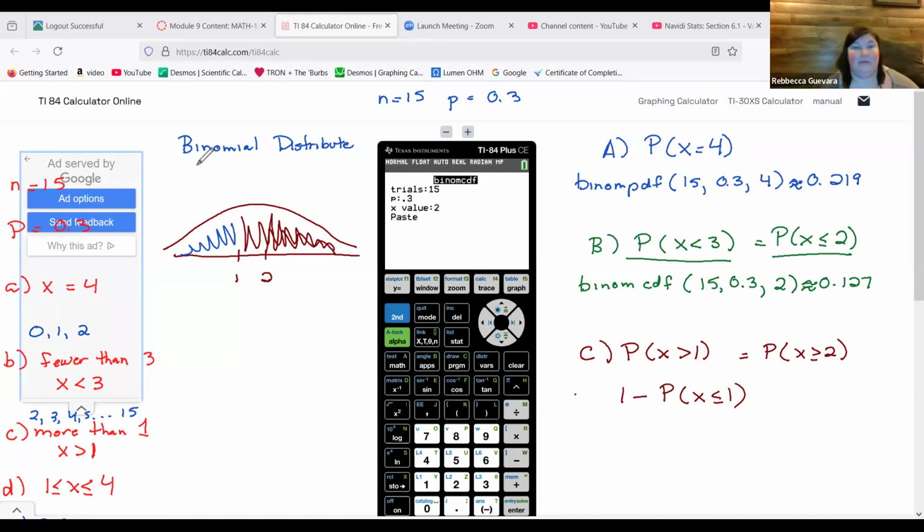So what I'm going to have in here is 1 minus binom CDF. We're going to have 15 trials, probability of 0.3, and this time we're going to put in 1.